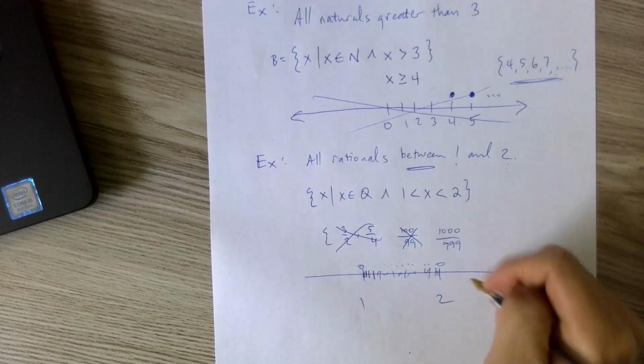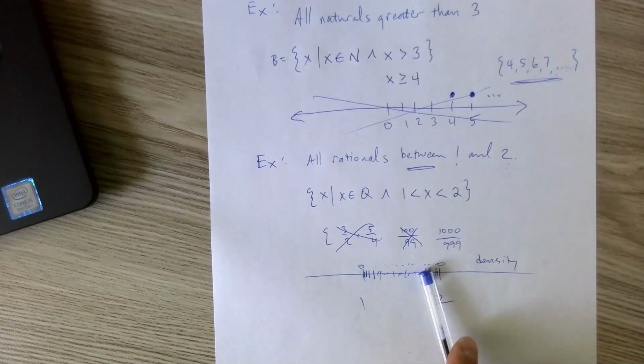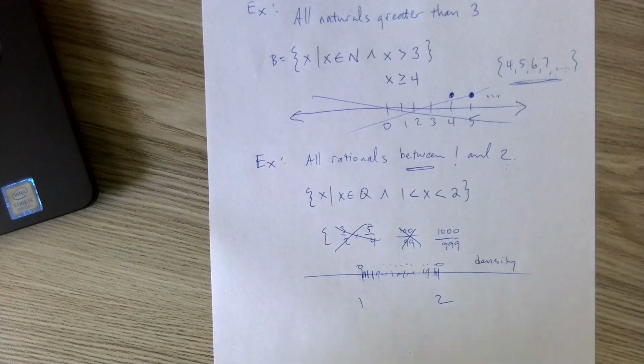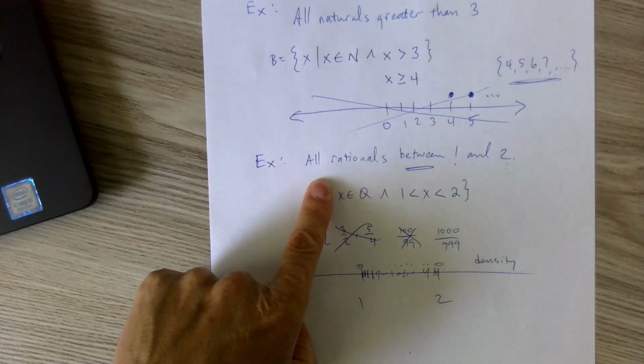And we call that density. When there's too many values for you to list in there, the concept is called density. Those numbers are really, really dense. But we do have set builder, and we do have English for this set.